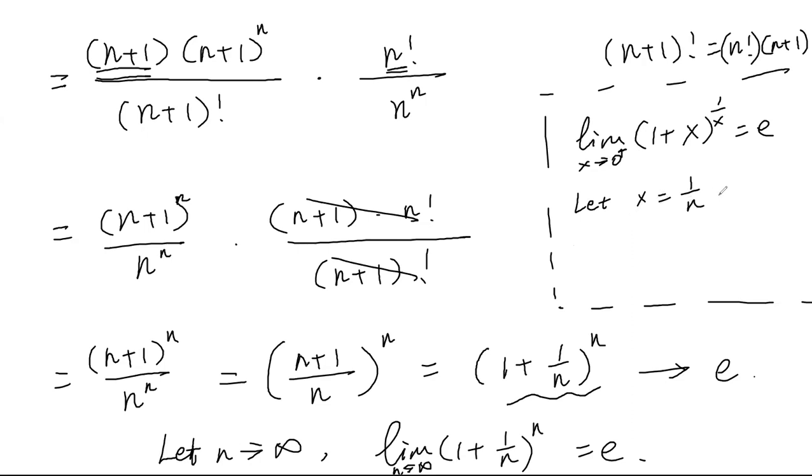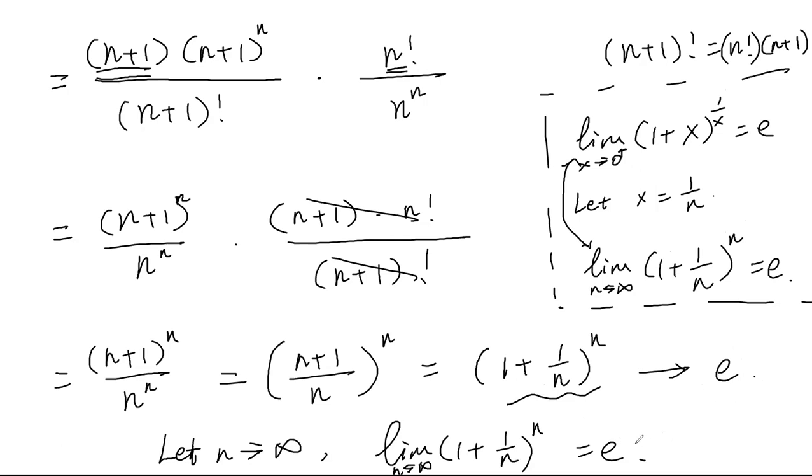If we let x equal 1 over n, when x goes to 0 plus, n goes to infinity. And this limit becomes the limit as n approaches infinity of (1 plus 1 over n) to the n, because x is equal to 1 over n, 1 over x is n. This is equal to e. So they are equivalent. And the limit of this expression is e when n approaches infinity.